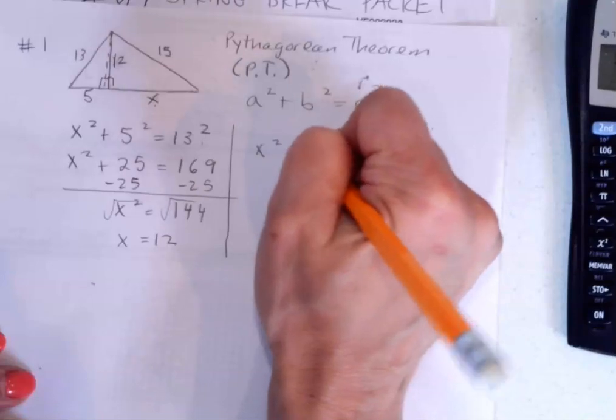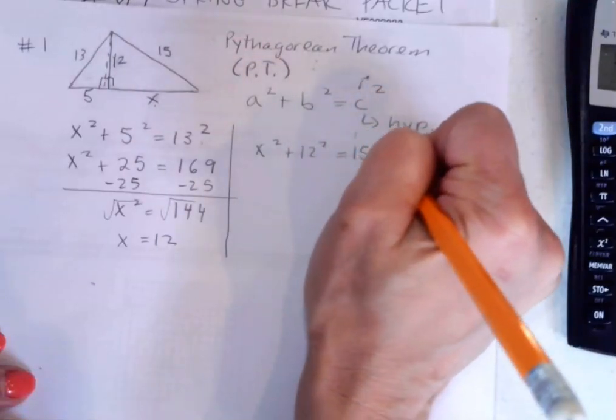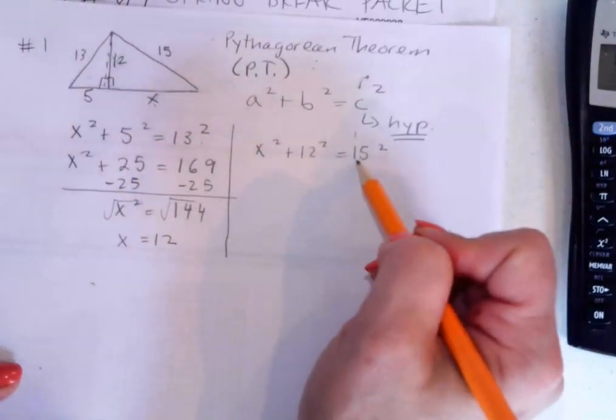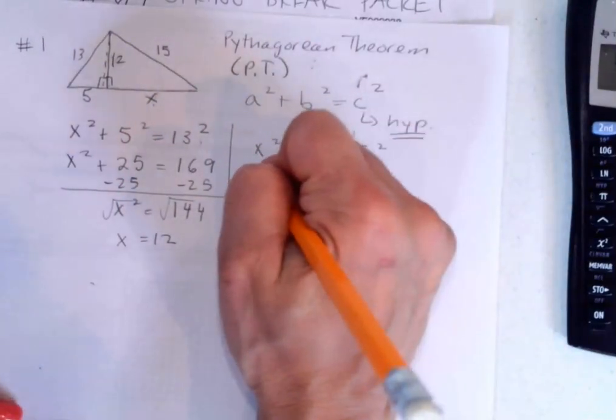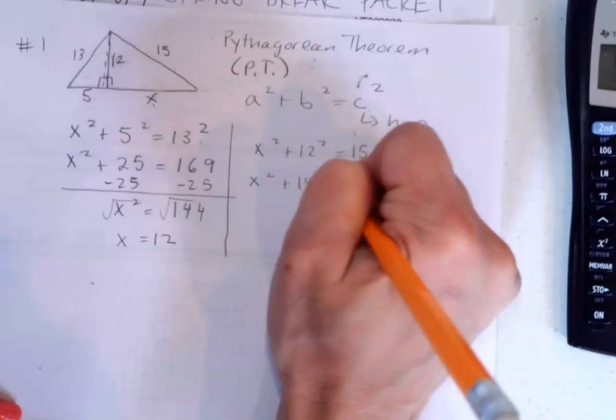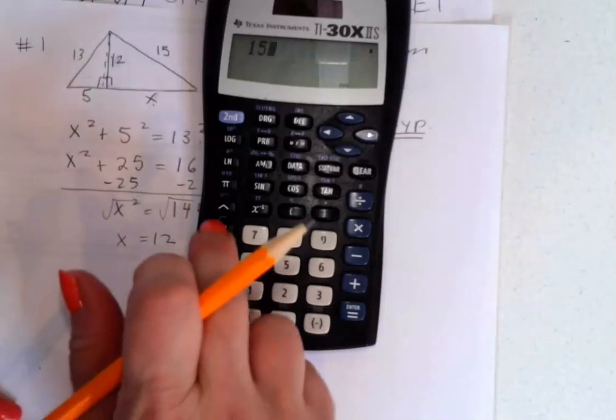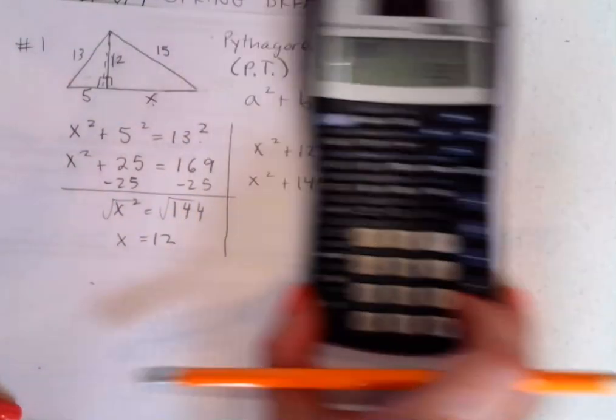X squared plus 12 squared equals 15 squared. Again, make sure the hypotenuse is on the right side of the equation. Again, if you don't know 15 squared, put it in your calculator. Boom.